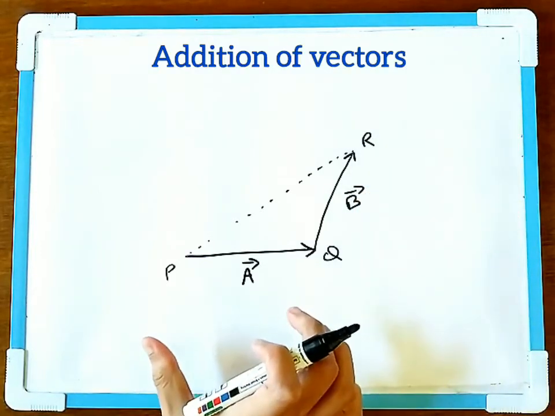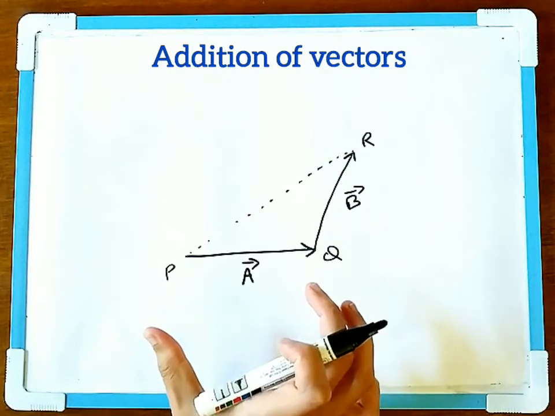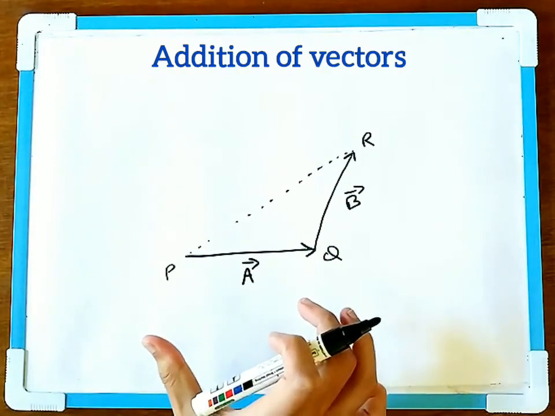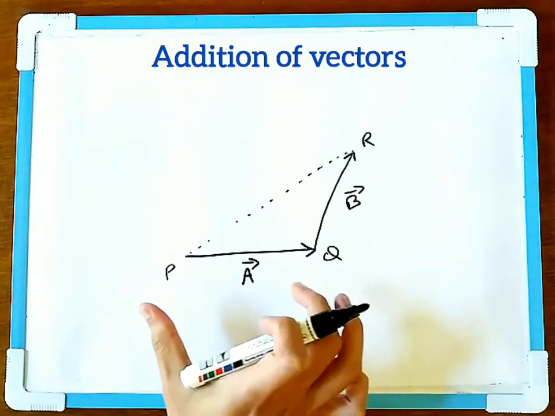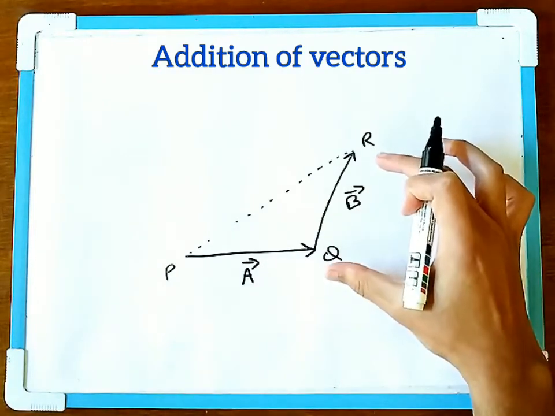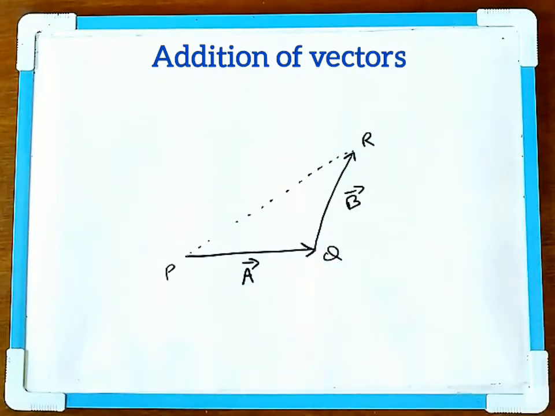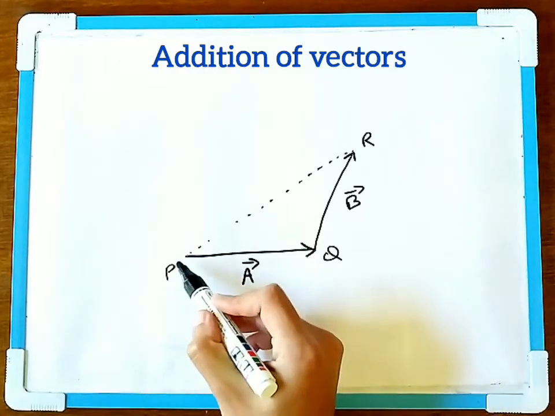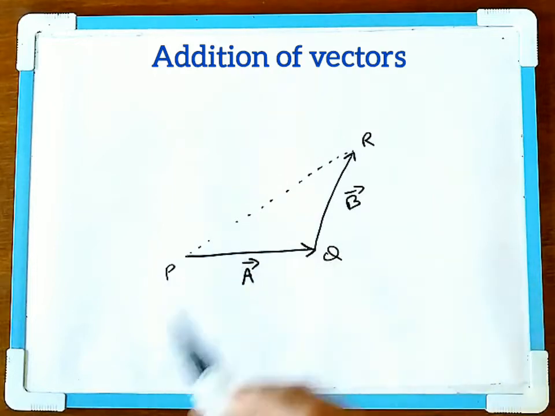So these two vectors are represented by the two sides of the triangle PQR, which is PQ represents A vector, QR represents B vector. Then the resultant is represented by this third side, which is PR, of the triangle both in magnitude and direction taken in the opposite order.